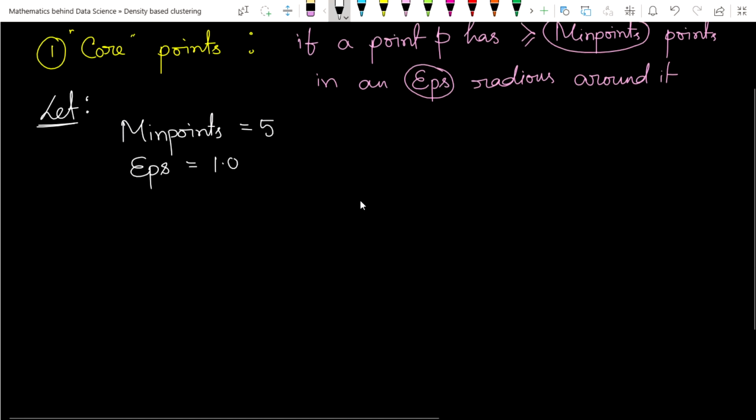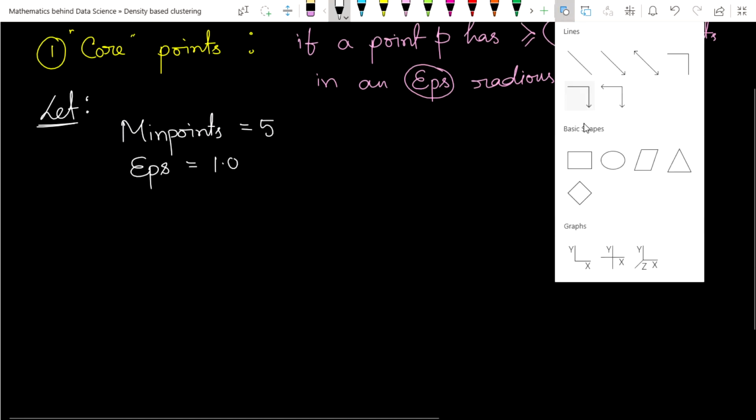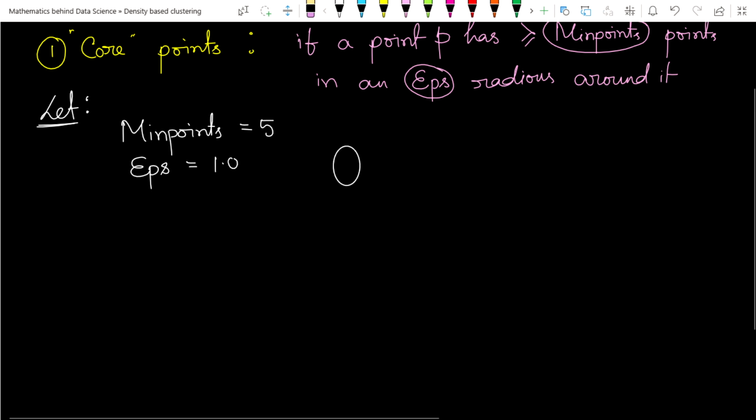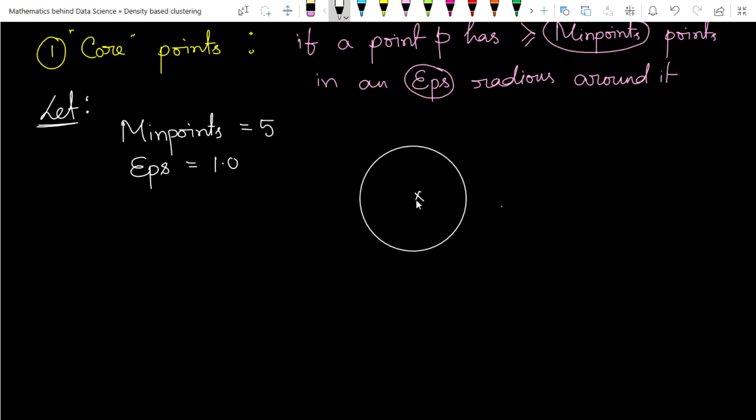Suppose we have some point P, and around this point we make the epsilon radius, which is 1.0, the simple epsilon we have taken here.